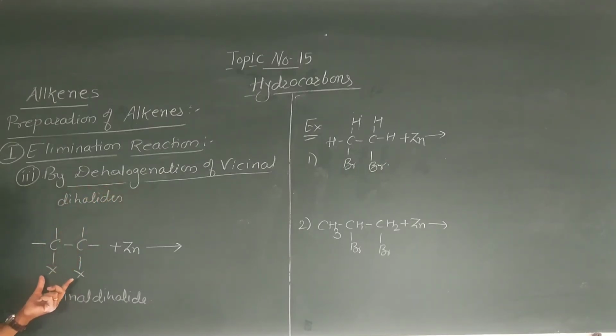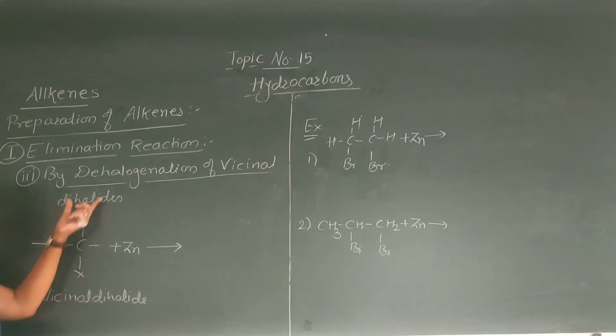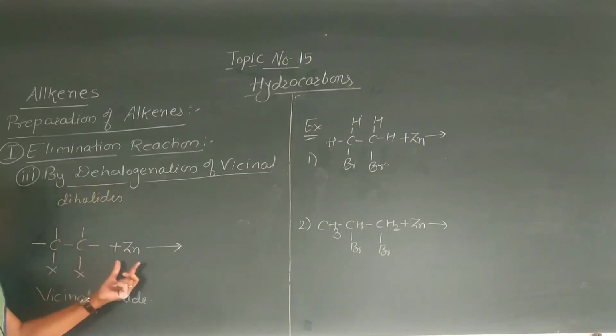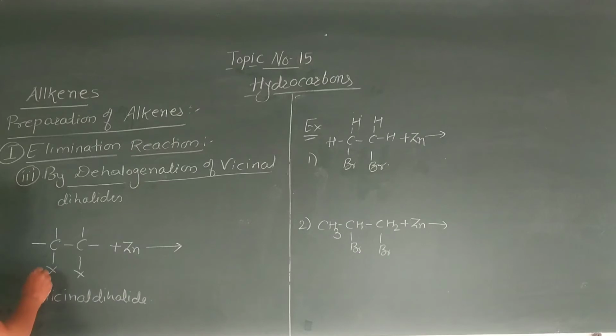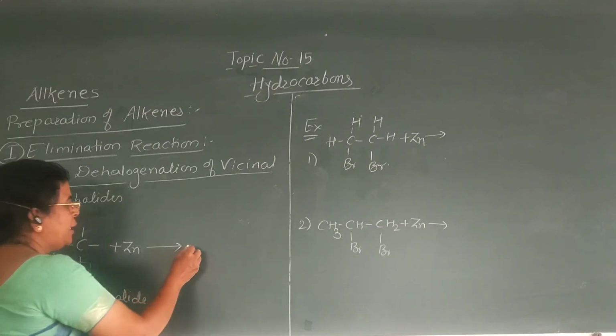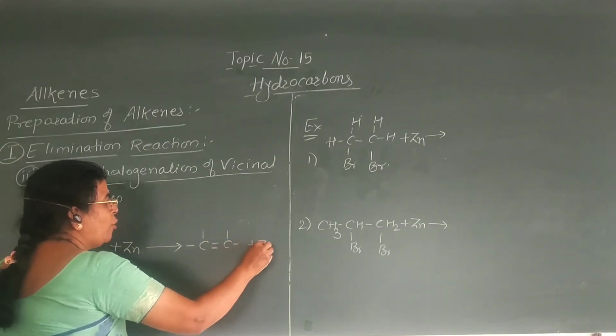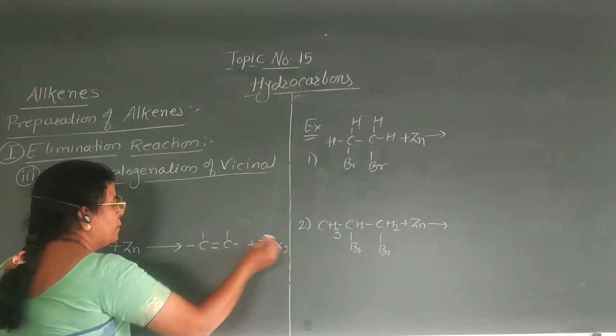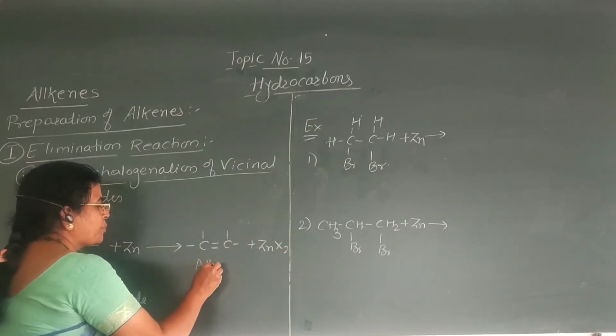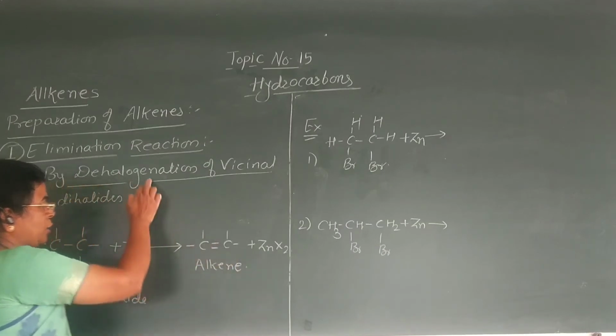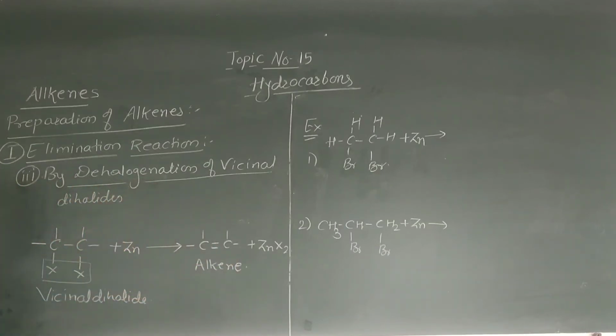When this vicinal dihalide undergoes dehalogenation in the presence of zinc metal, removal of the two halogen atoms takes place and a double bond forms. That is, formation of alkene takes place with removal of ZnX2. This is the alkene. This reaction is known as dehalogenation reaction, that is removal of halogen molecule.